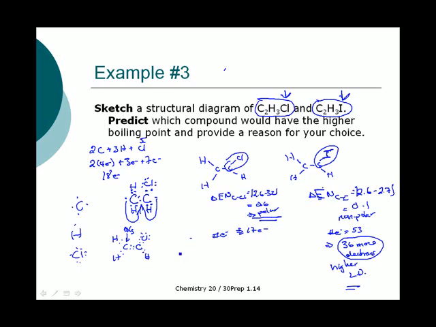So here's what I'm going to say. I'm going to say C2H3Cl has a higher boiling point because it is a polar molecule.